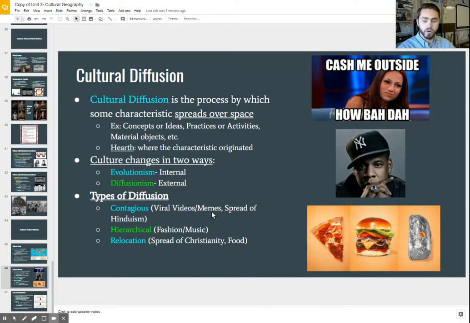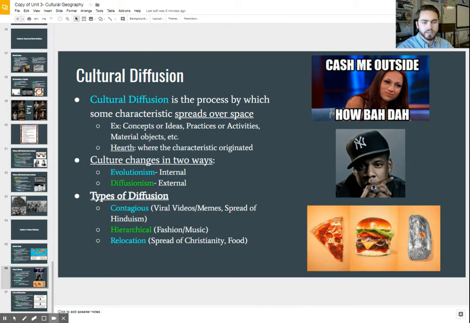Another type is hierarchical. Hierarchical diffusion is going to be something that spreads from the top down. All right, as in societies, typically you have people that have higher status. Could be a celebrity or a politician, someone who has a little more fame or fortune. And when they start producing new types of culture, whether it be a song or a particular clothing style, oftentimes it spreads very quickly that way as well.